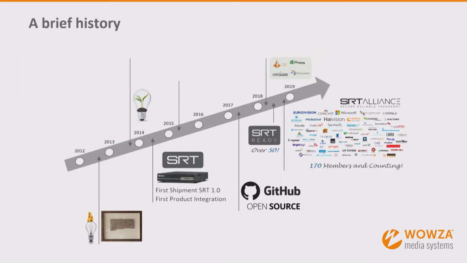A brief history. The concept has been around since late 2012, when Mark and some of the folks at Haivision were looking for a way to solve these problems. At IBC in 2013, they had a prototype that was demonstrable of an end-to-end SRT connection, and they showed the famous demo a lot of you have probably seen with the rally car.